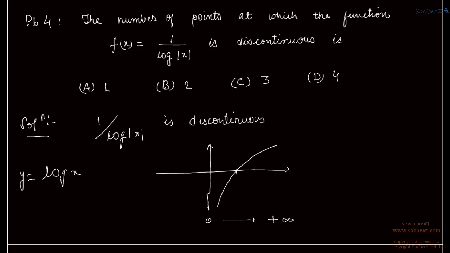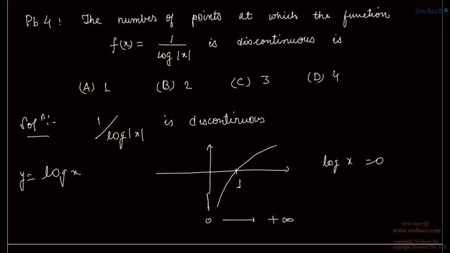The function is 0 at x is equal to 1, right? So at x is equal to 1, log x is equal to 0. That means at x is equal to 1, 1 upon log x is infinity. So it is discontinuous at x is equal to 1.